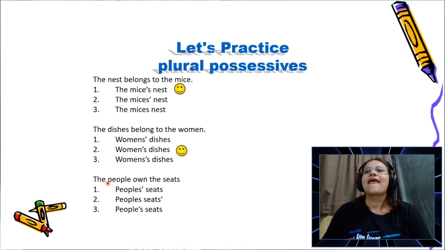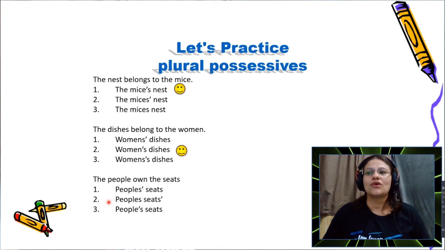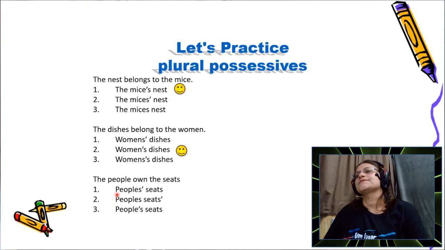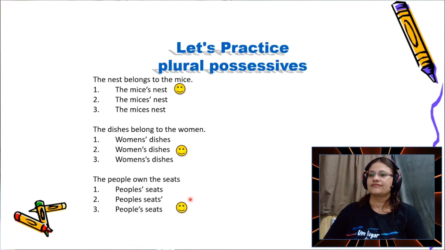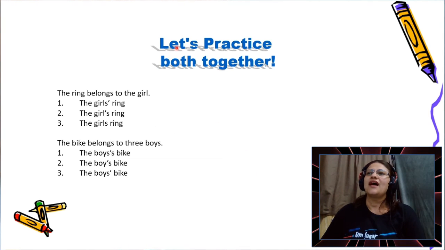So I write this word like a singular noun, okay? I made the rule exactly the same as for a singular noun. The people own the seats. So I write people's seats, okay? I just add apostrophe and an S. Number 3. Very good.